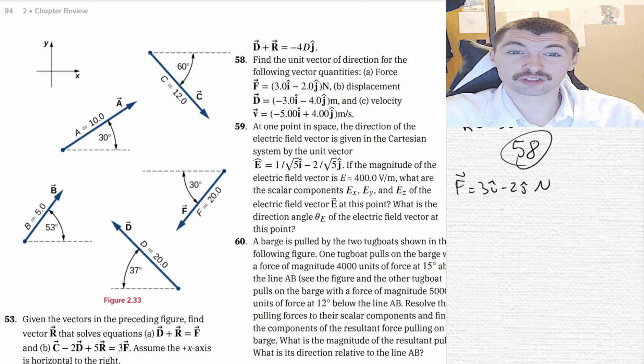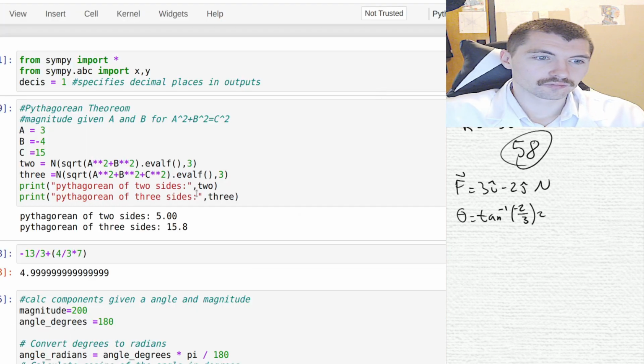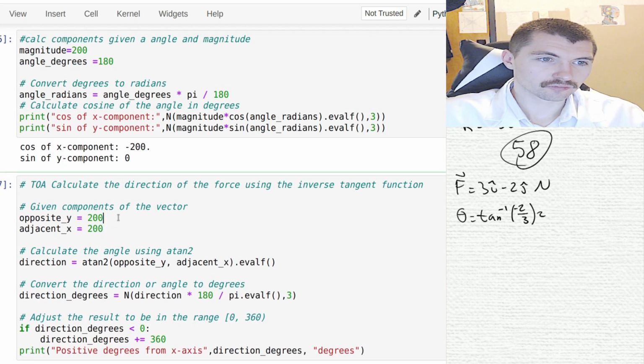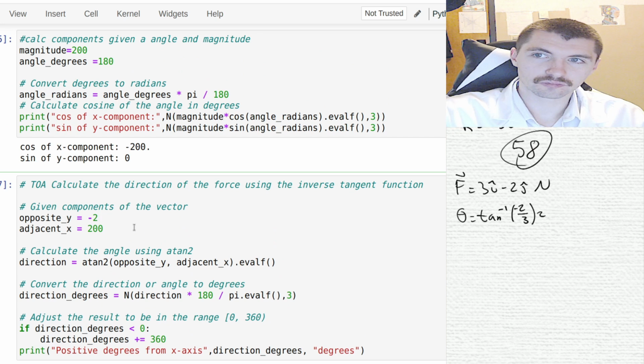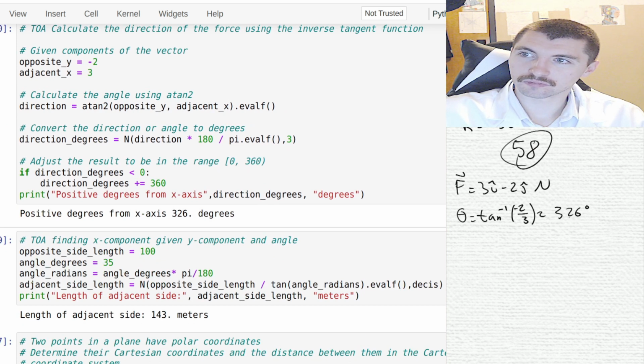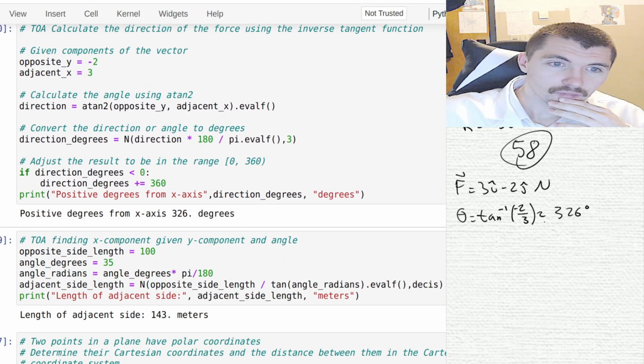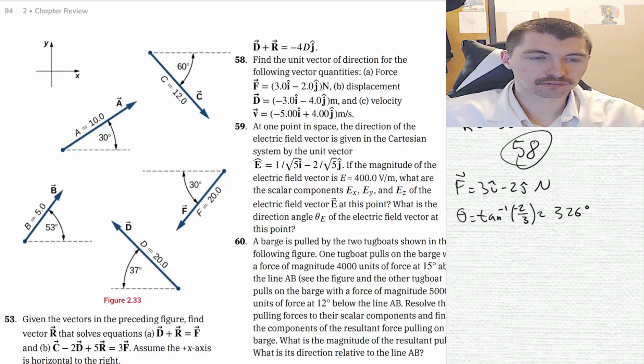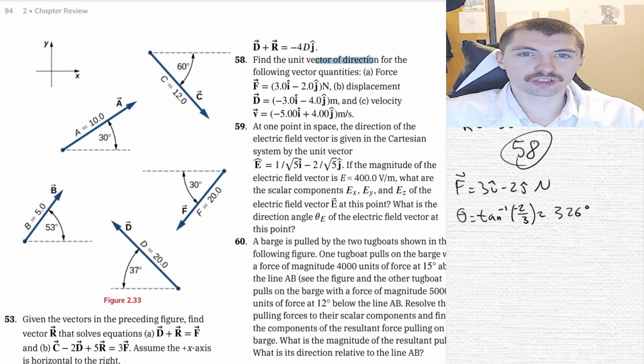So they want the direction. 326 degrees. Find the unit vector of direction.